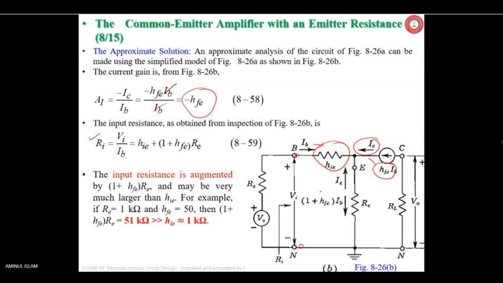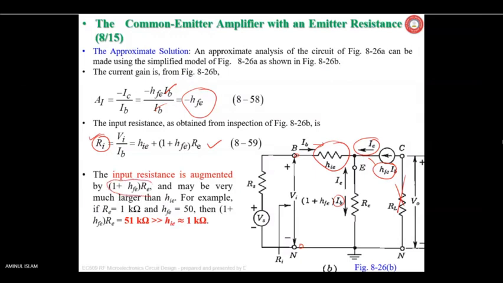IB is getting cancelled here. We are talking about input resistance, so you should not consider the current through the load resistance; this RE is the emitter resistance, not the load resistance. So you get this expression, and the input resistance is augmented by this value.